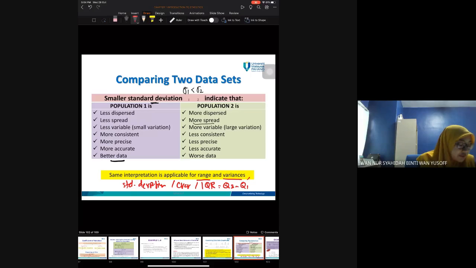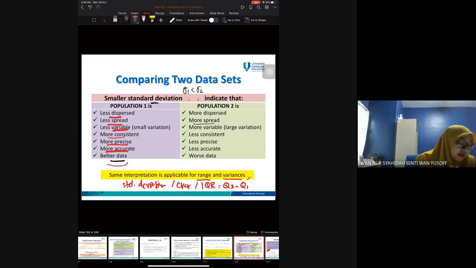The smaller the value means that your data will be less dispersed, less spread, less variable, more consistent, more precise, more accurate, and better data. A larger value gives the opposite of the smaller one. These are the terms that we use when we discuss variability.